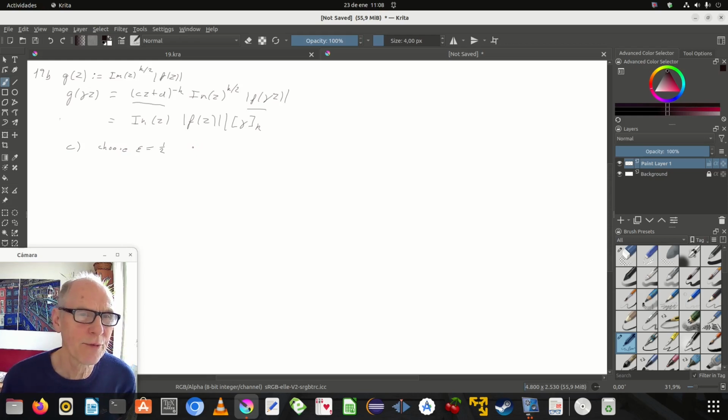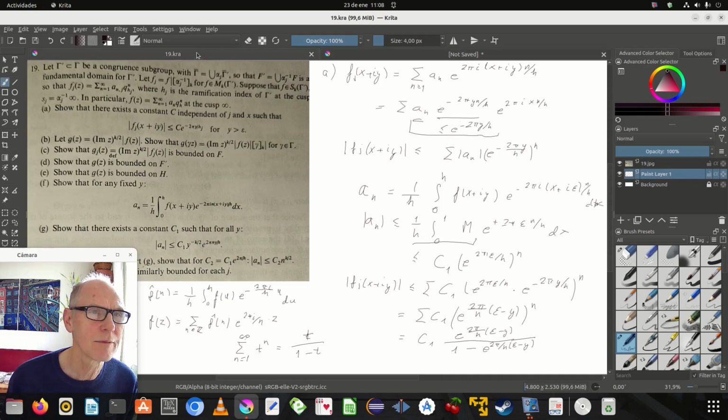Because in F, the imaginary part of y is larger than or equal to square root 2 over 2. That was B and C.